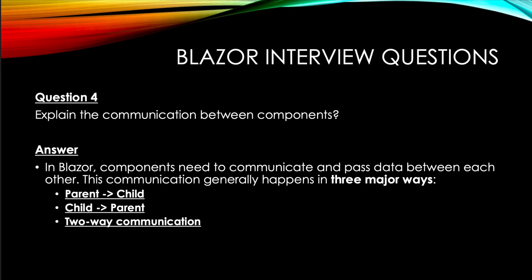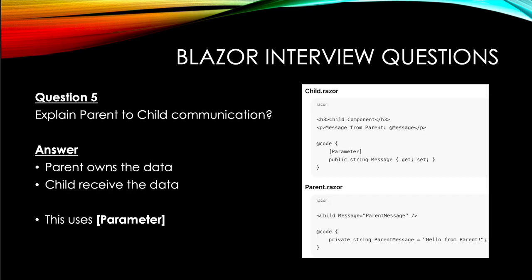Question number 4, explain the communication between the components. How exactly does communication happen between parent and child, child to parent, and two-way communication? In parent to child communication, the parent owns the data and the child receives the data from the parent.